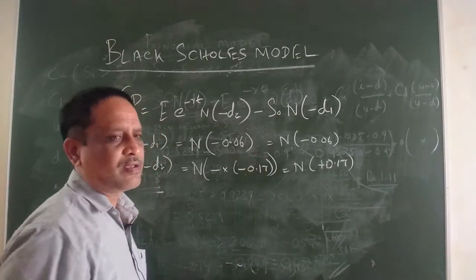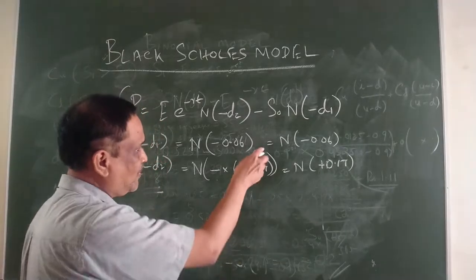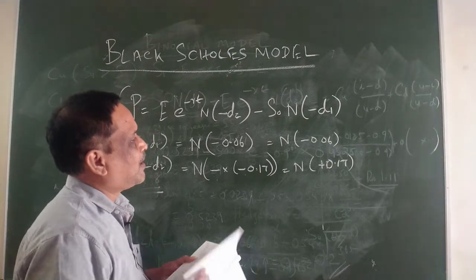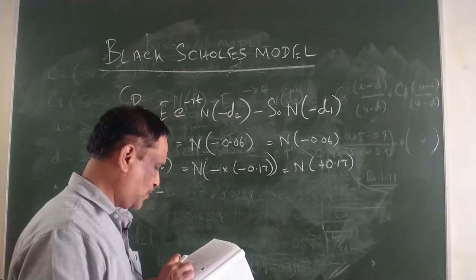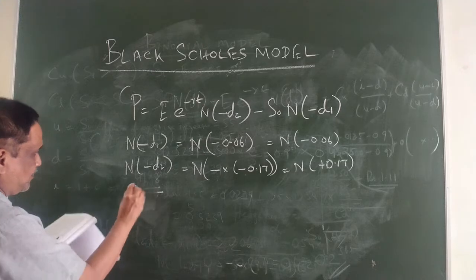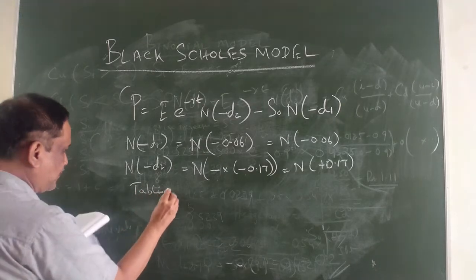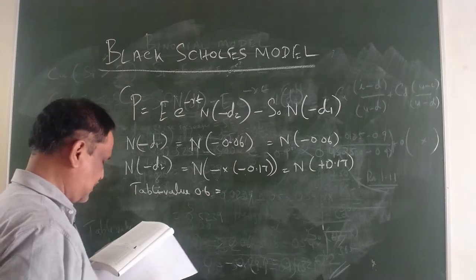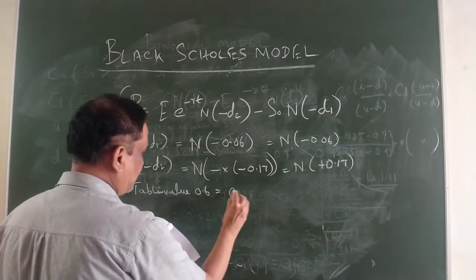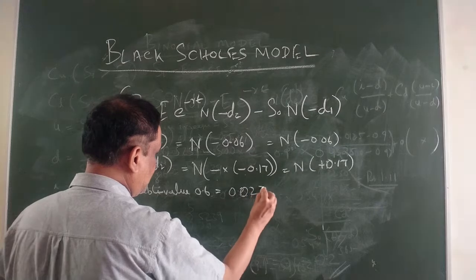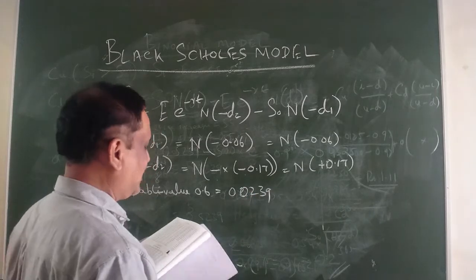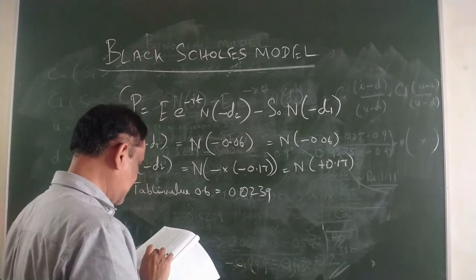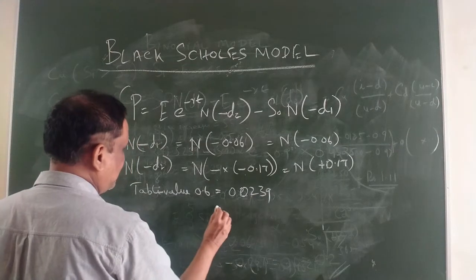Now again you find the table values. For 0.06, the table value is 0.0239. The table value for 0.17 is 0.0675.